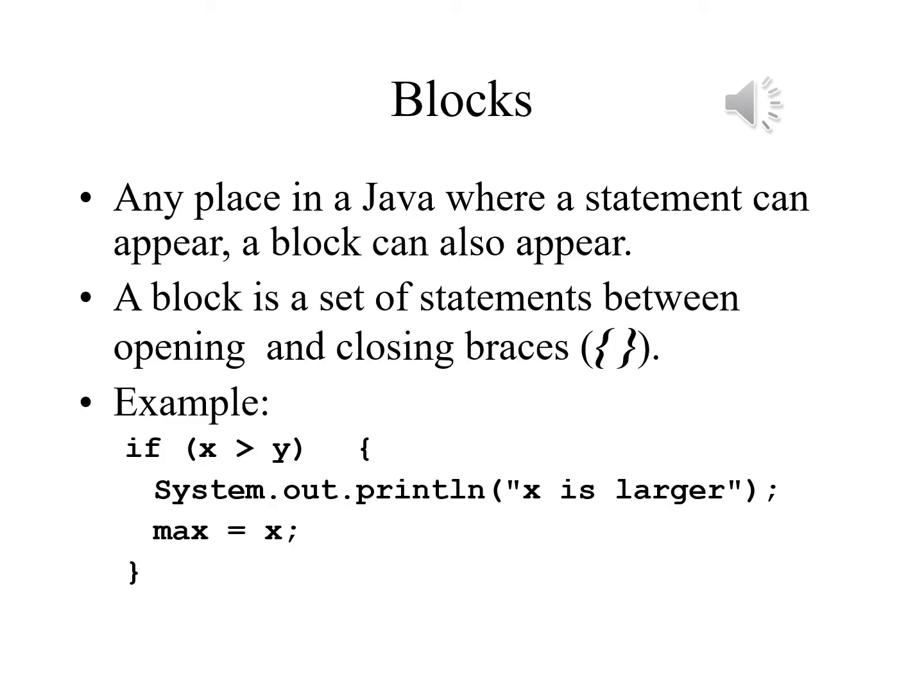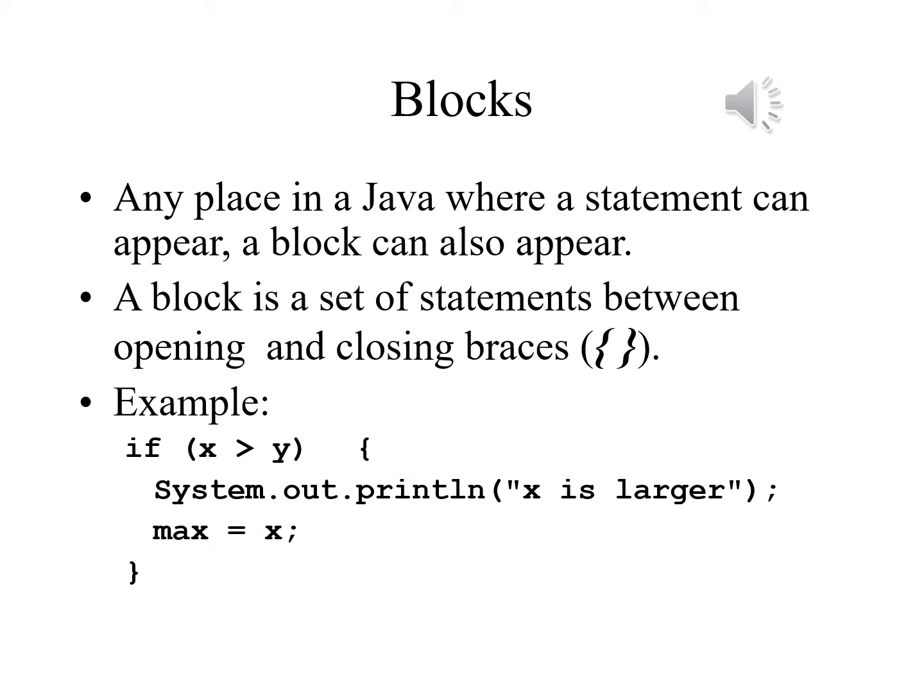In the programs that we have looked at so far, we have seen many occasions where there is an open brace and somewhere below a closed brace. Anything appearing between an open brace and a closed brace is considered part of a block.